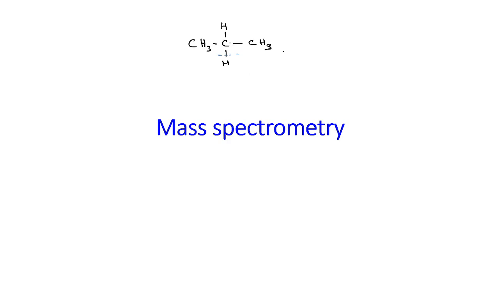In the first case, from the C, 1 core electron goes, so we will be getting the molecular ion CH3, CH2, CH3 plus. So this is a molecular ion. If you see the molecular weight, there is no change in the molecular weight. In the next case, this hydrogen atom may cut off. When it is getting cut off, you will be getting CH3, CH, CH3.